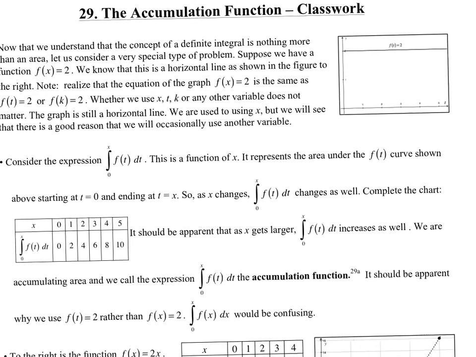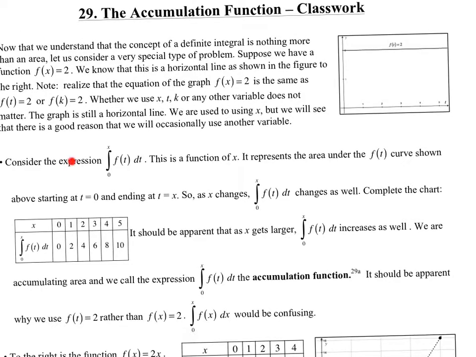Now, the expression, the integral from 0 to x of f of t dt, is a function of x. The reason why is because it represents the area under this f of t curve, starting at time equals 0 and ending at time equals x.